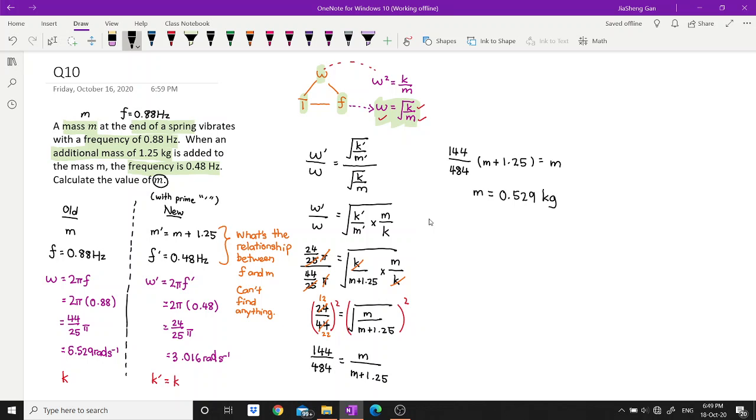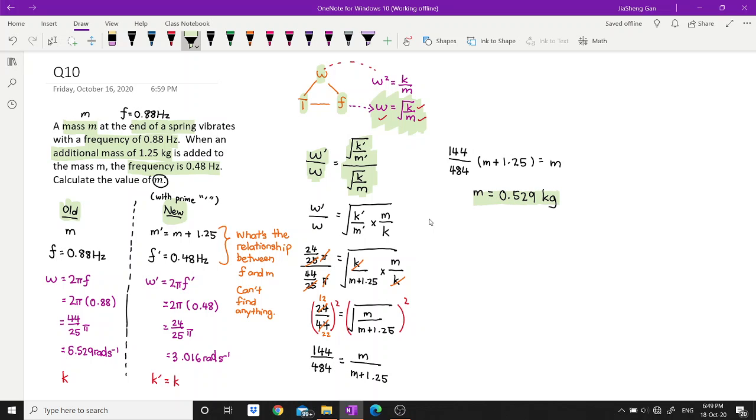Okay, so this is how we do a comparison question. We list down everything relevant for the old situation. We list down everything relevant for the new situation. We determine the equation that we want to compare first. After determining it, we just do the new situation divided by the old situation, put in the formula, then the rest is just manipulating the algebra, then you'll be able to get your answer.